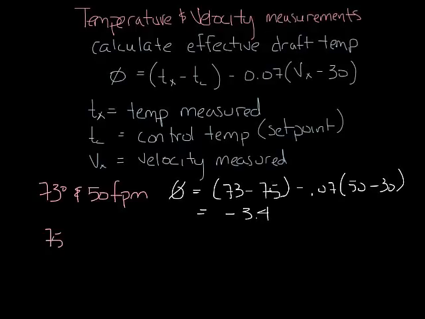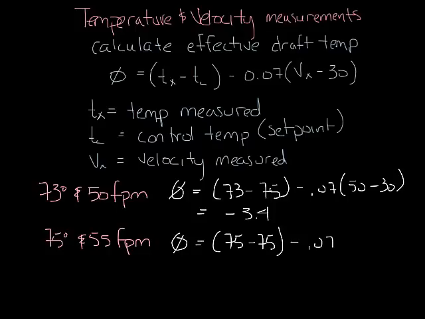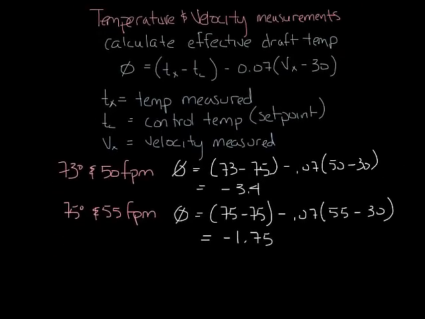Let's say you have another point that's 75 degrees and 55 feet per minute. We calculate the effective draft temperature of that. You get 75 minus 75 minus 0.07 times 55 minus 30, and that equals minus 1.75. And so on. Let's make a little more room here.